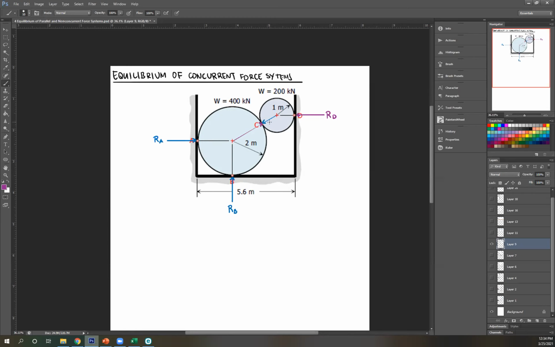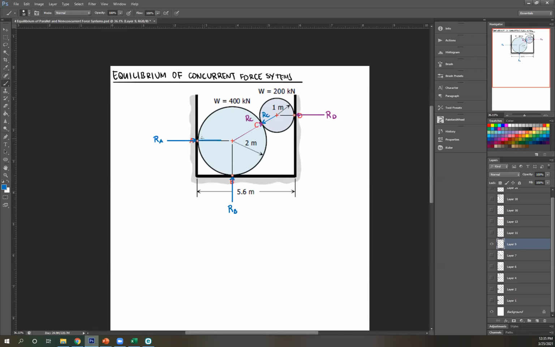Okay? So we have normal forces RA, RB, RC, RD. So for this case, these are both RC. They have the same magnitude. Similar here, I just didn't show it.